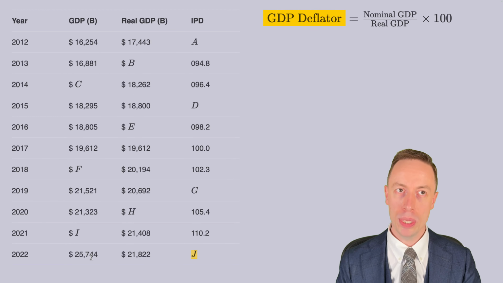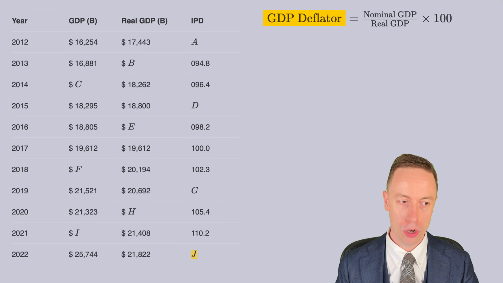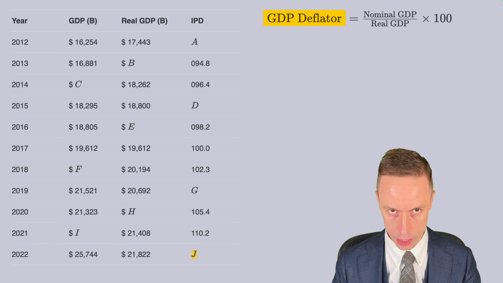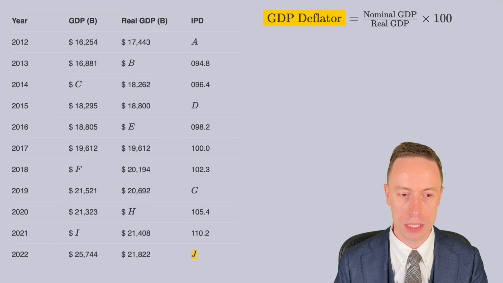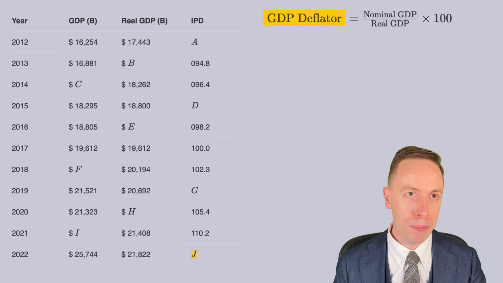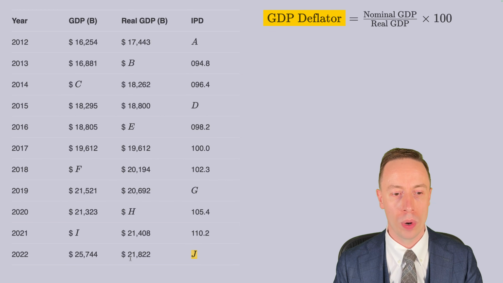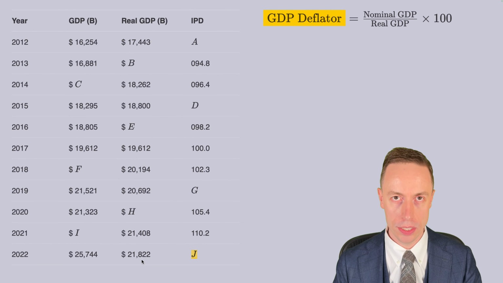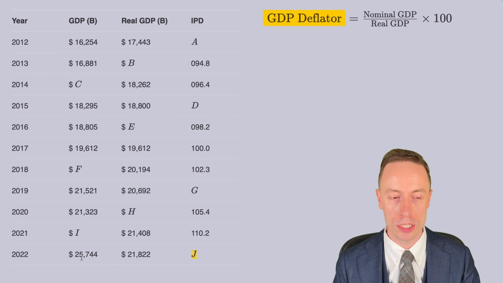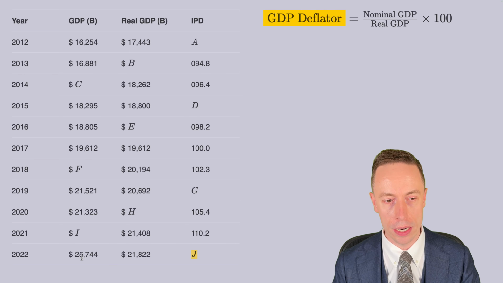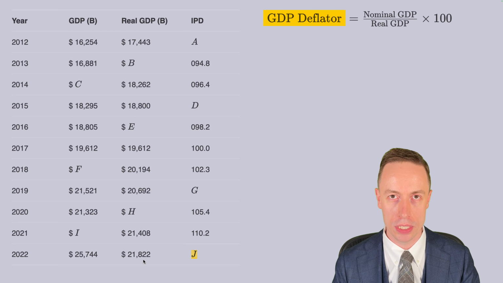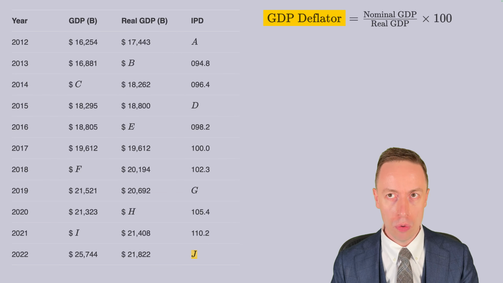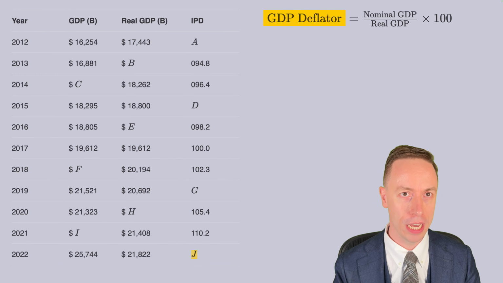But if we instead measure the production of the year 2022 using chained dollars from the reference year 2017, GDP would instead be $21.8 trillion. That, of course, implies that prices in 2022 were higher than prices in 2017. Not surprising. How much higher? Well, that's what the GDP deflator tells us.